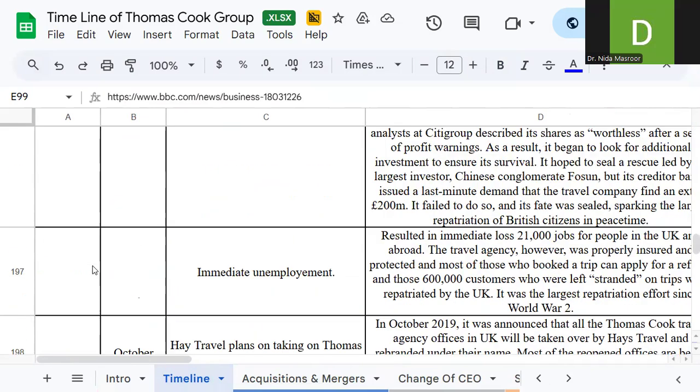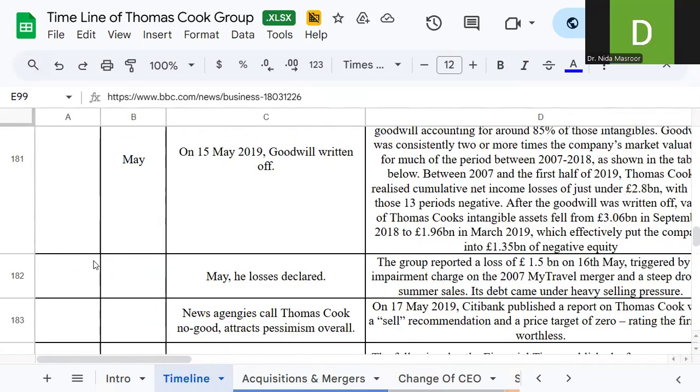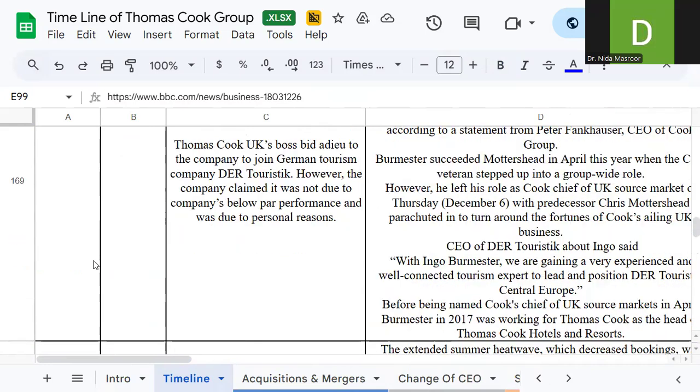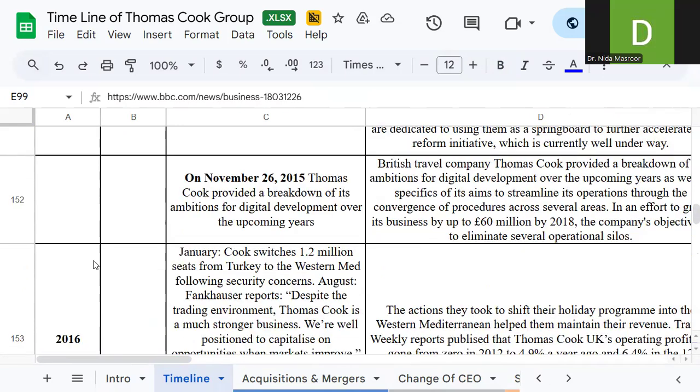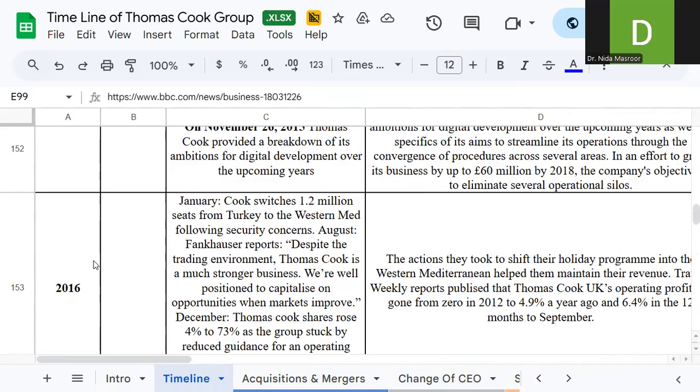So you can see, now we will get back to 2006, sorry, when the deaths of the two children were reported.